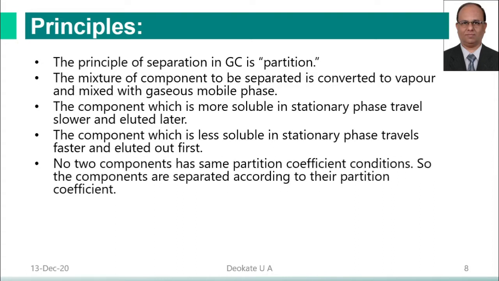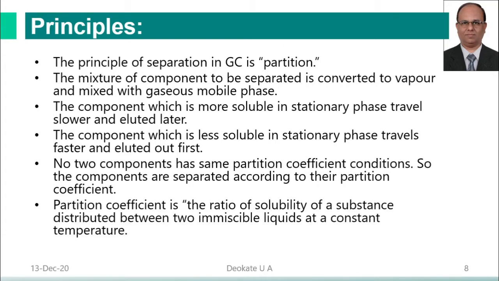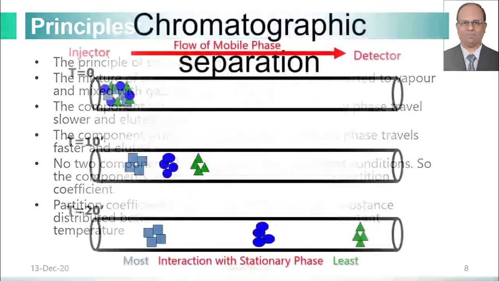No two components have the same partition coefficient under the same conditions, so the components are separated according to their partition coefficient between the gas phase and the liquid stationary phase. Partition coefficient is the ratio of solubility of a substance distributed between two immiscible liquids at a constant temperature.